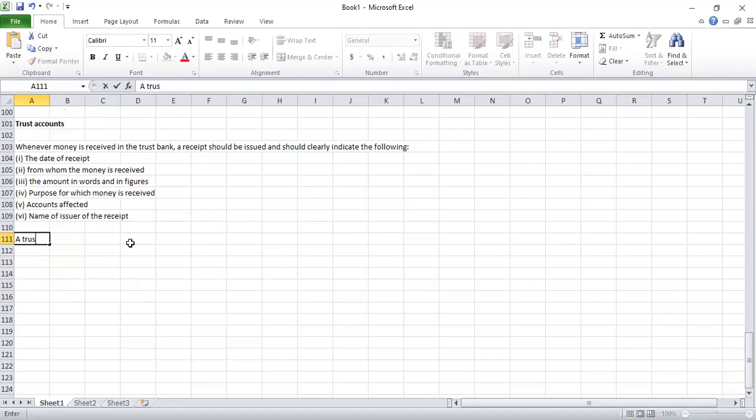Then a trust cash payment should be accompanied by supporting documents indicating the following.